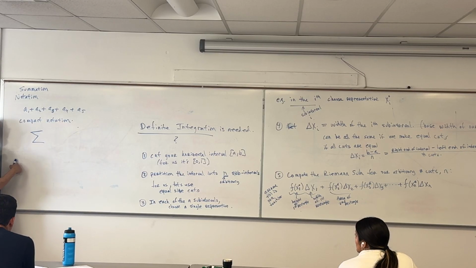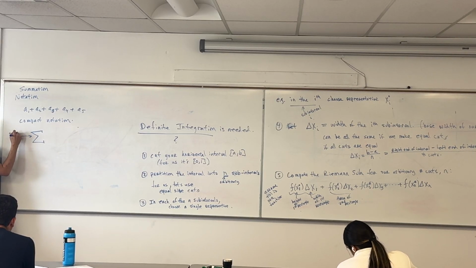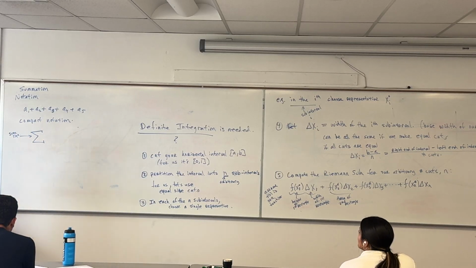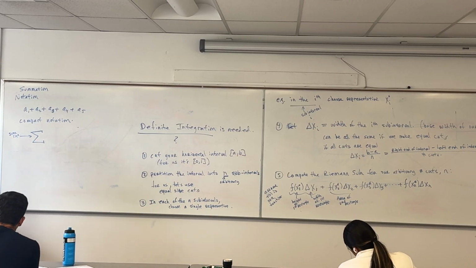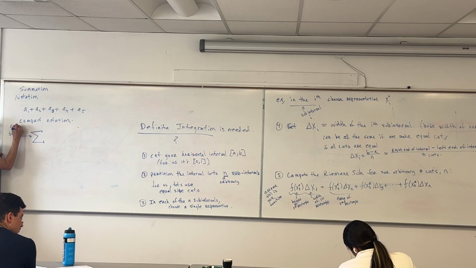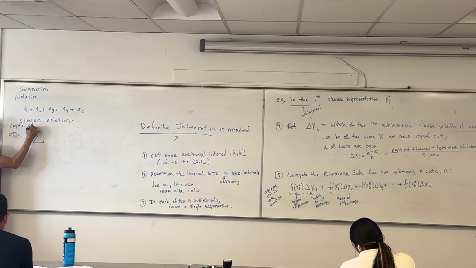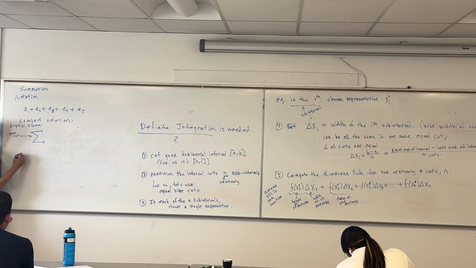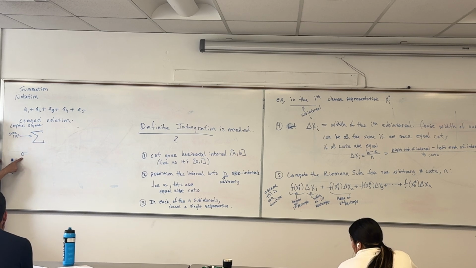I just get a little fancy with it. So this is called the sum sign, or summation sign. And again, that is a capital sigma. If you ever end up doing stats, that's the lowercase sigma for standard deviation.